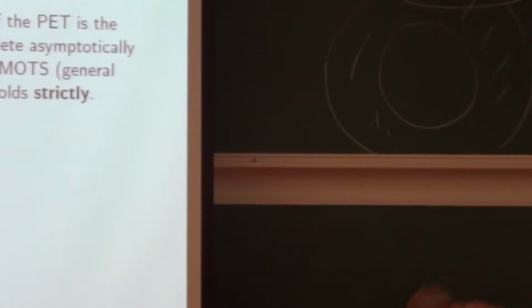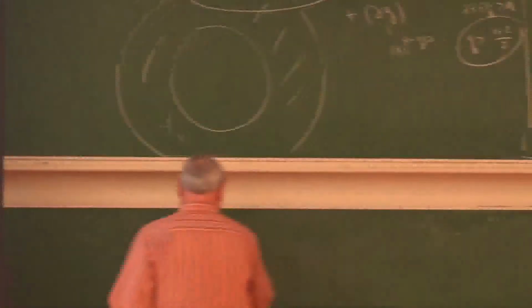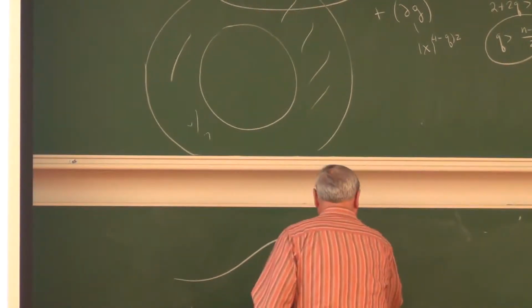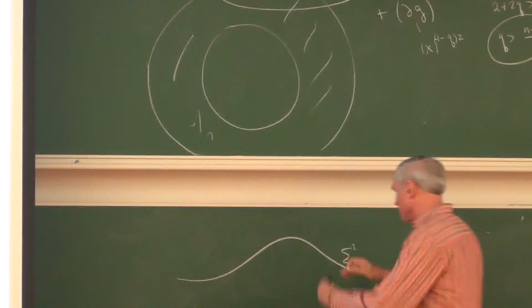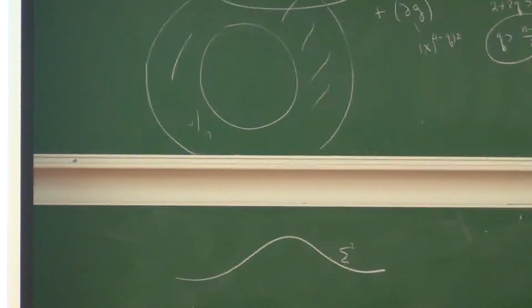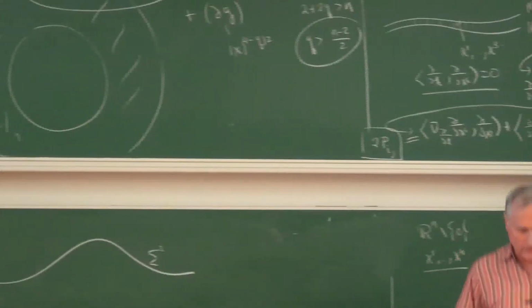Okay, so you can imagine this is an asymptotically flat spacetime, you might have a MOTS sigma, which converges at infinity to a plane. So you can ask, well, what can you say about stable MOTS that converge to a plane at infinity?